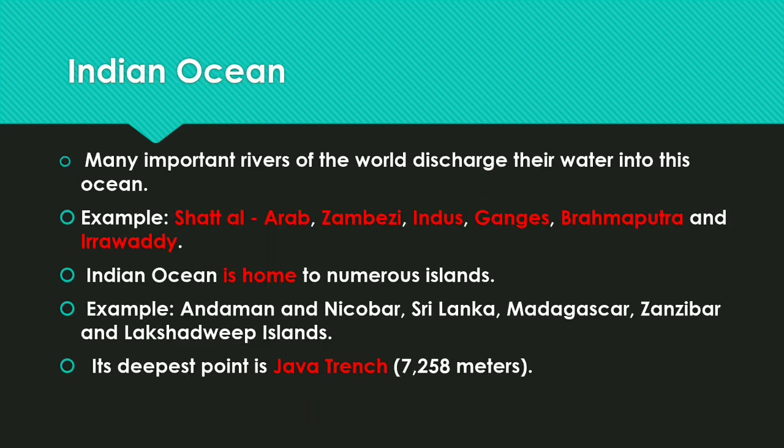Many important rivers of the world discharge their water into this ocean. Which are the rivers? Shatt al-Arab, Zambezi, Indus, Ganges, Brahmaputra, and Irrawaddy.